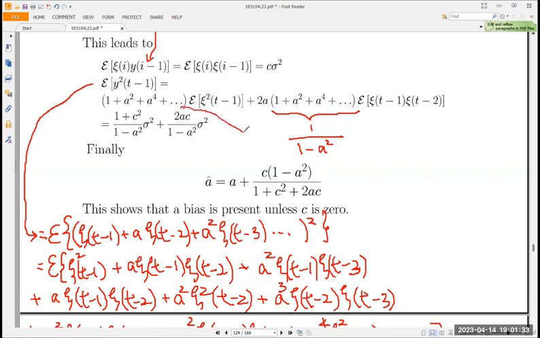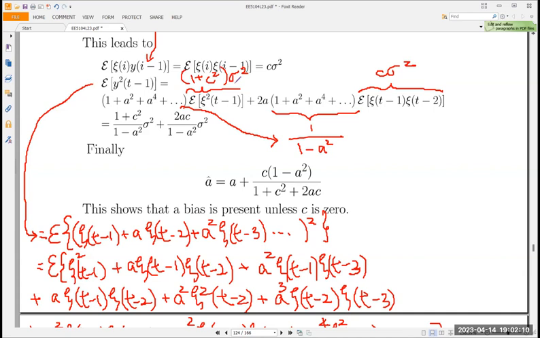The summation for this is also the same. And this one, we earlier found the expectation of this is c sigma squared. And the expectation of this was what? 1 plus c squared sigma squared. So you stick all these things together, and you'll find that it's this.